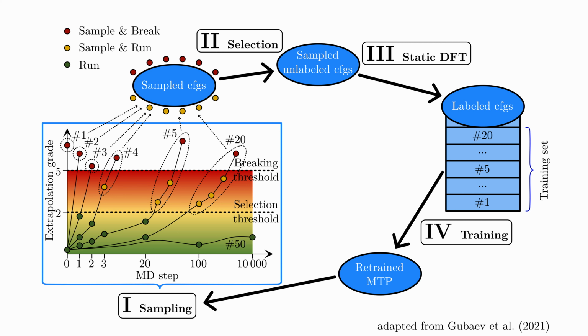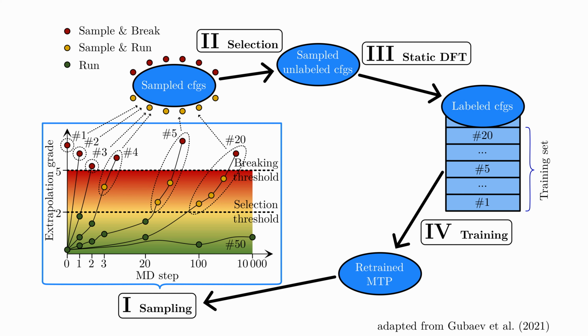The meaning of this number is as follows. If the configuration is well described by the potential, which means it interpolates, gamma is between 0 and 1, the area marked with green in the figure. If gamma is larger than 1, but smaller than a selection threshold, which typically is set to 2, right in the yellow area, the potential extrapolates, but this extrapolation can be assumed to be accurate.